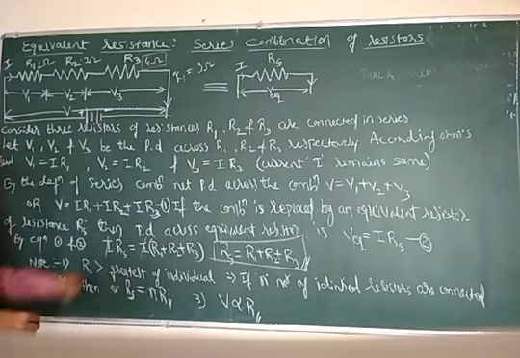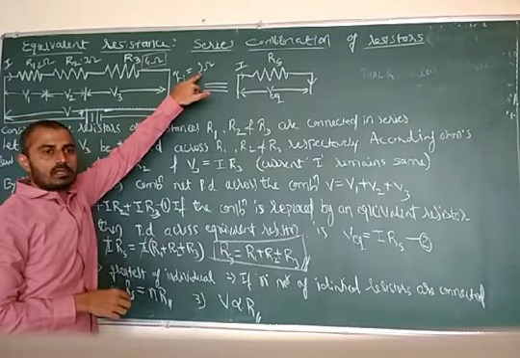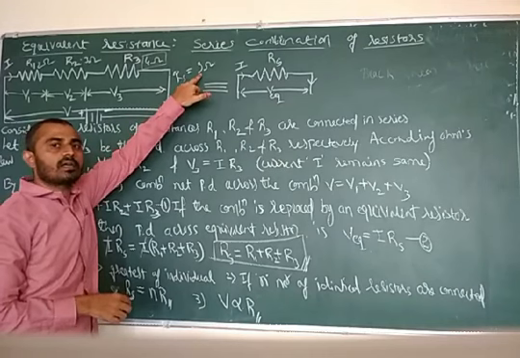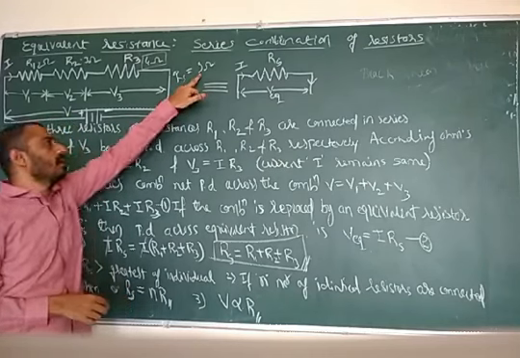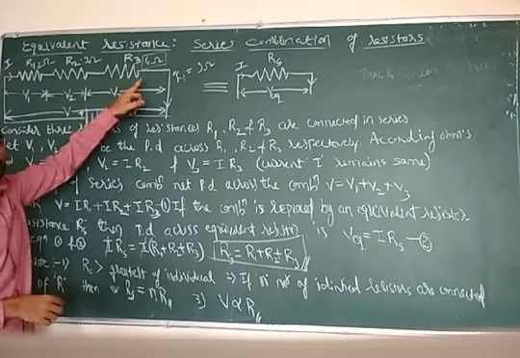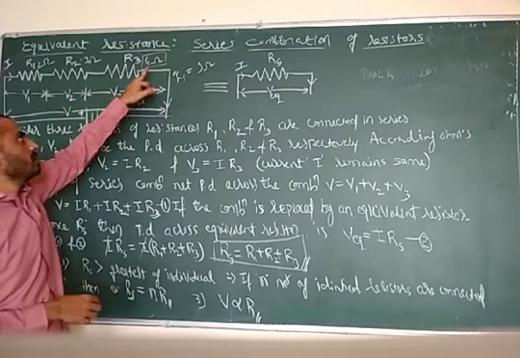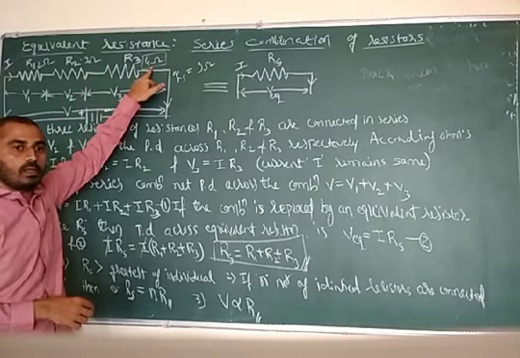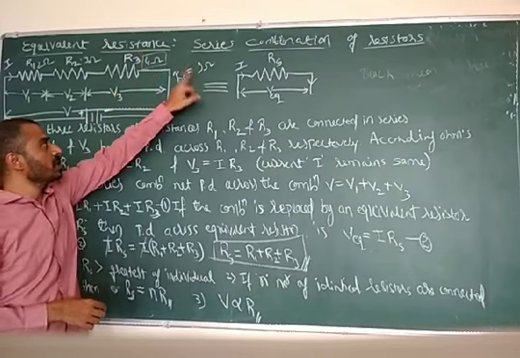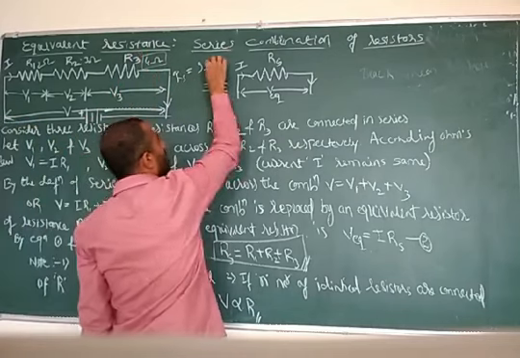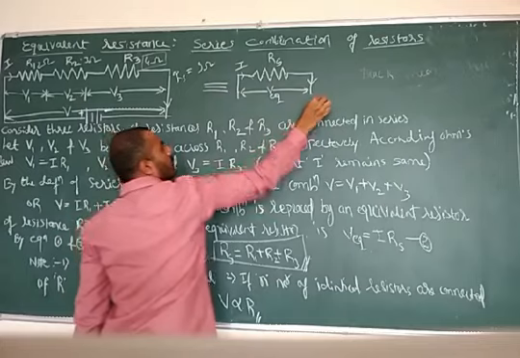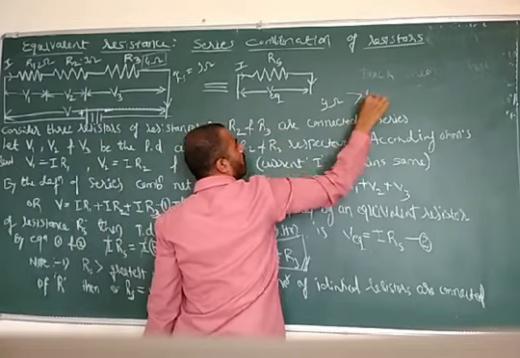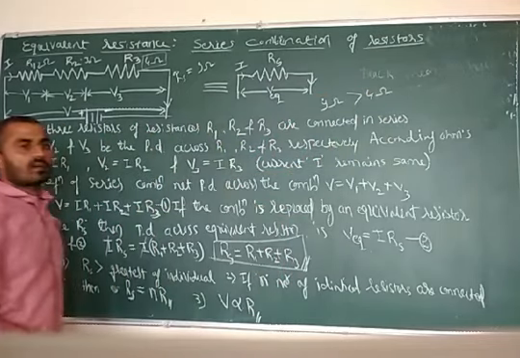In a series combination, this effective resistance of 9 ohm is always greater than the greatest of the individual resistances. The greatest individual resistance is 4 ohm, and 9 ohm is greater than 4 ohm.